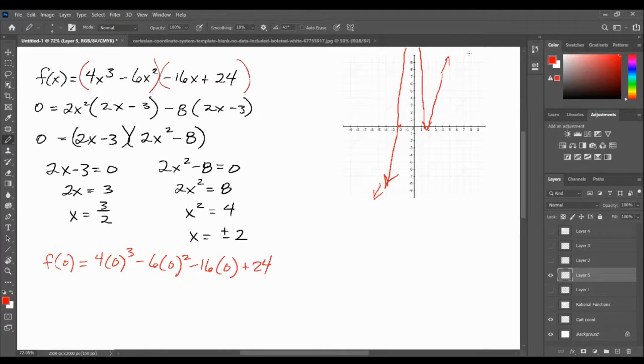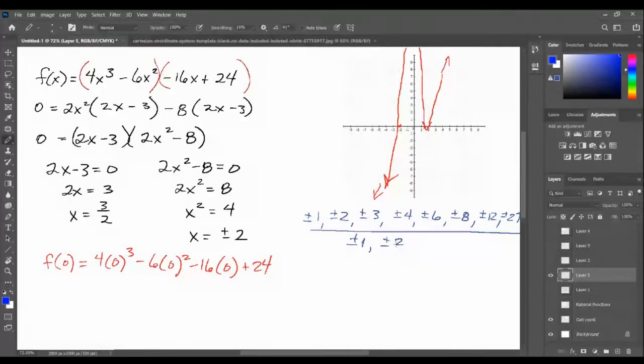So that would work. We could also use our rational zeros theorem, which said we needed factors of 24. So that would be a 1, a 2, a 3, 4, 6, 8, 12, and 24, all over factors of 4, 2, and 4.